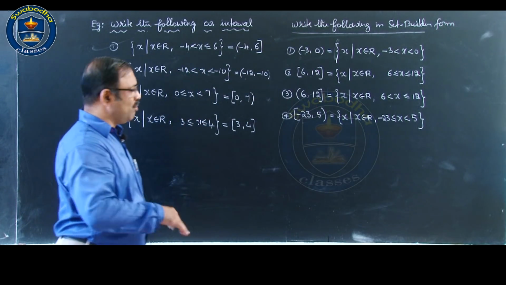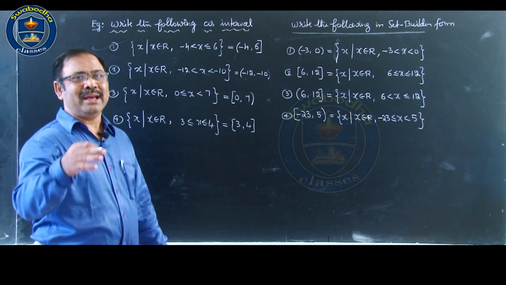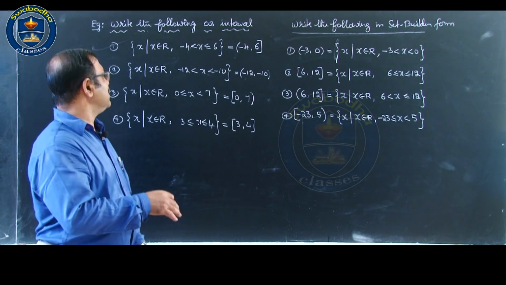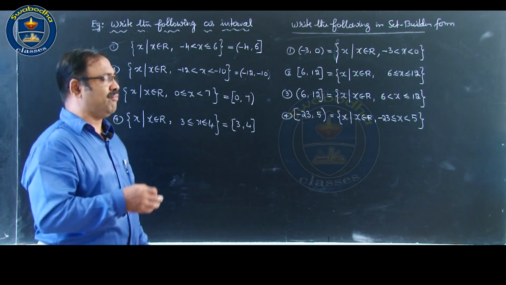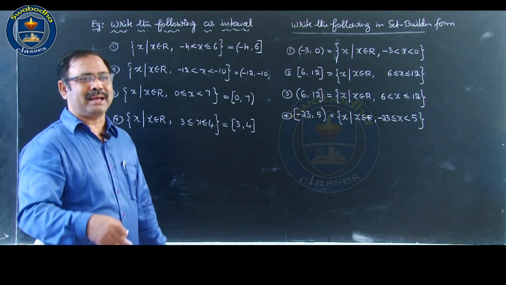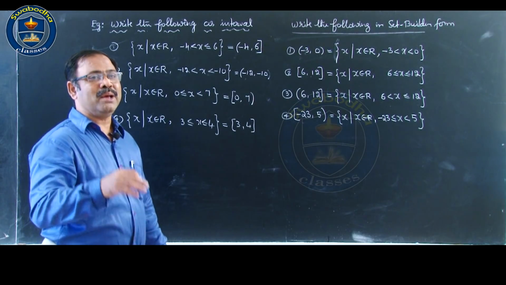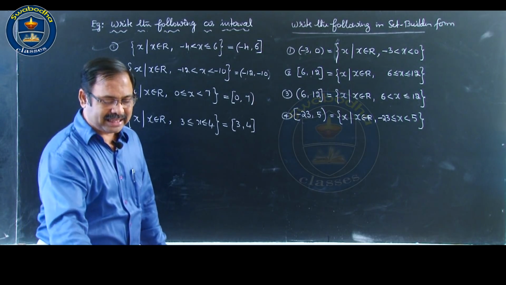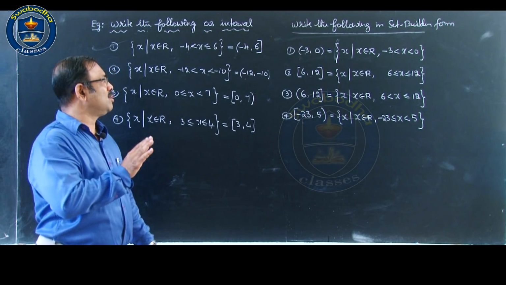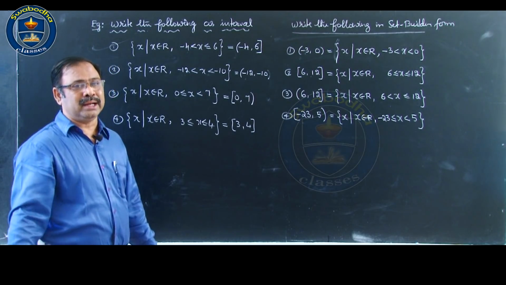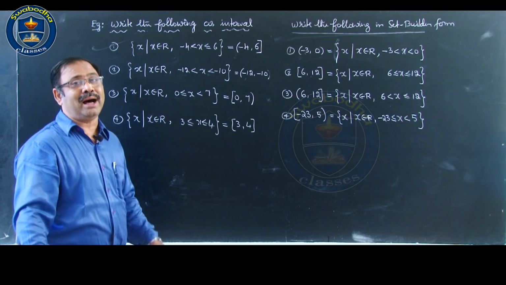So, now it is clear that when a problem is given in interval form, we can express it in set builder form, and when it is given in set builder form, we can express the same in interval form. I hope this idea about closed and open intervals is clear.